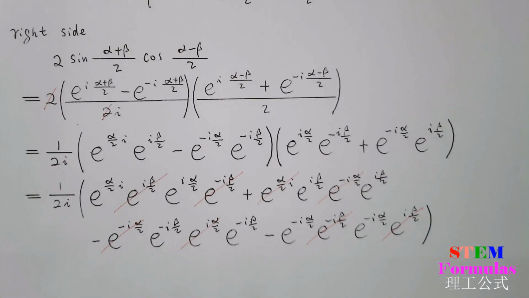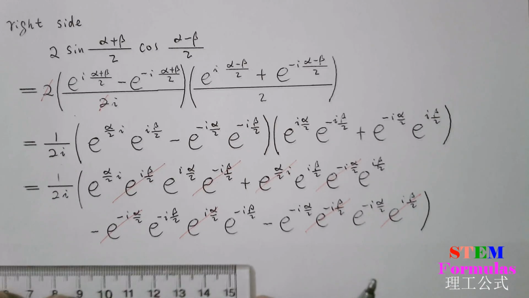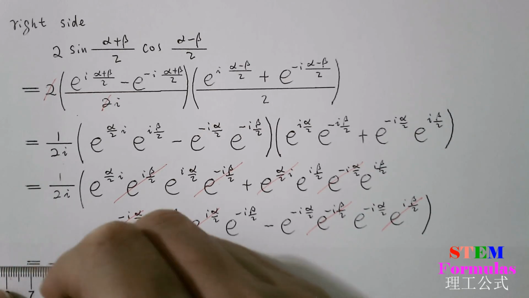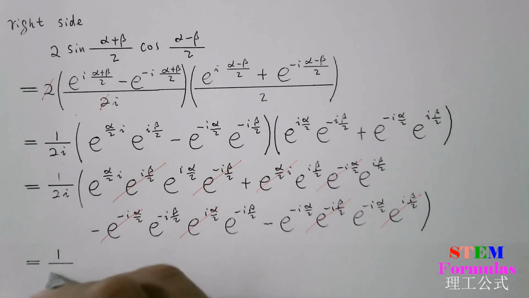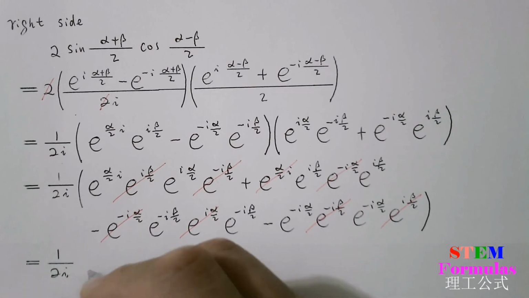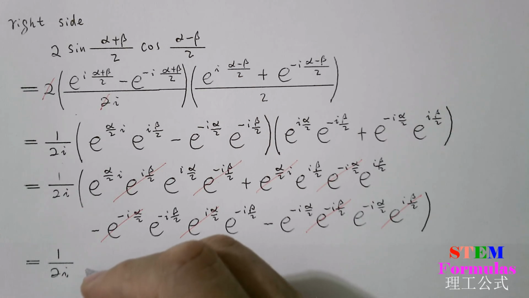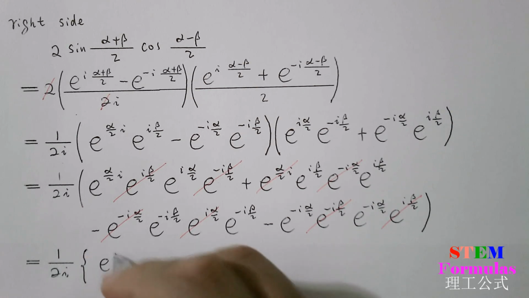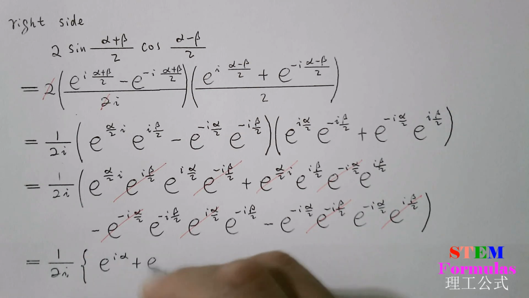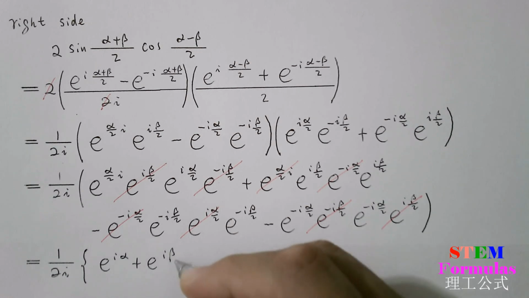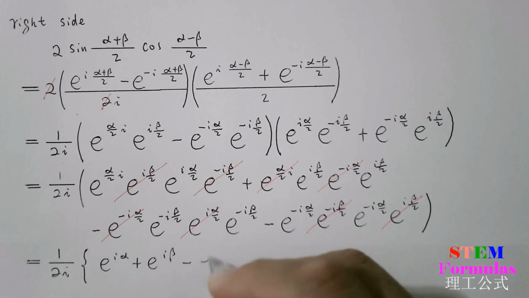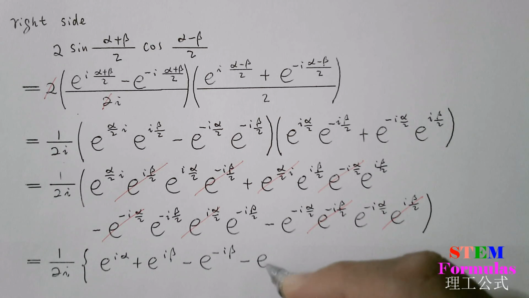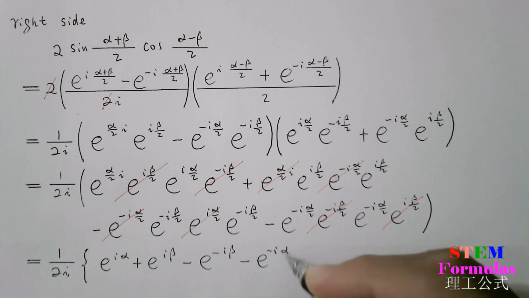So I just simplified as one divided by 2I times (e to the I alpha plus e to the I beta minus e to the minus I beta minus e to the minus I alpha).